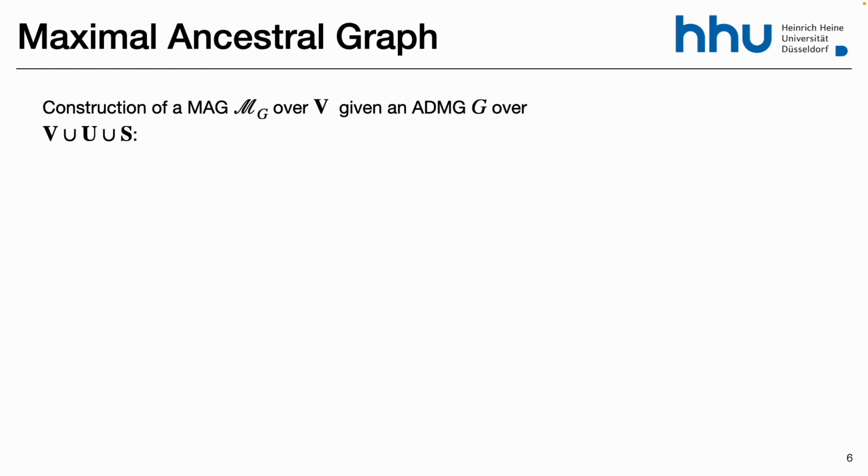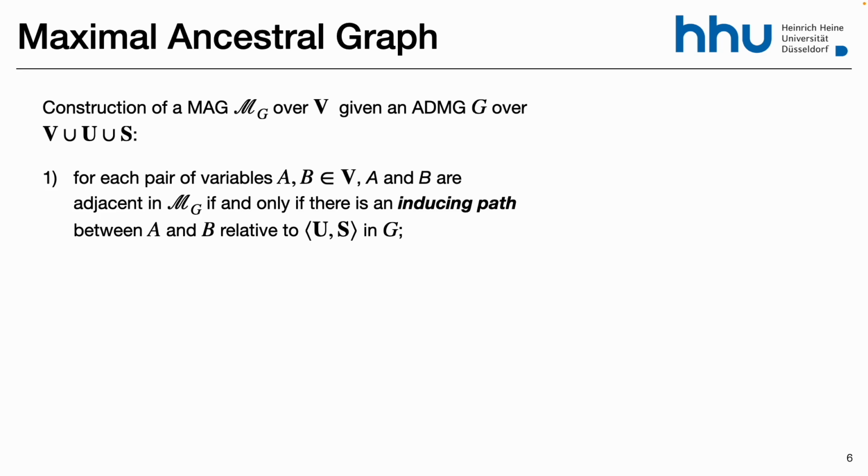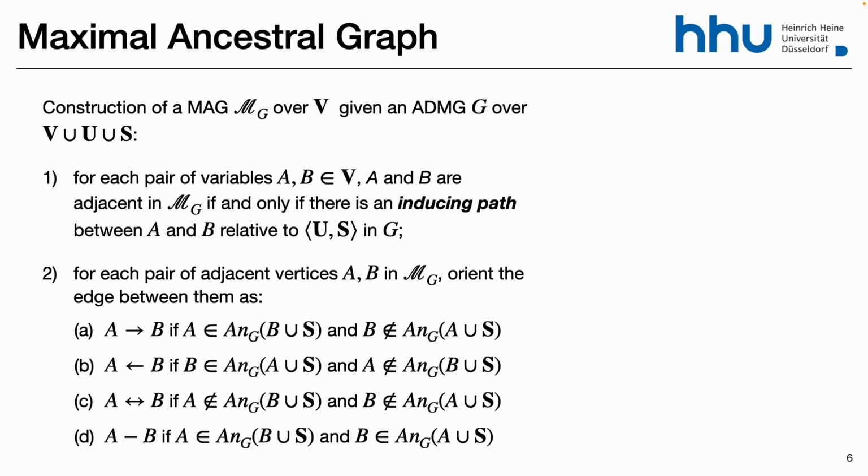Okay. So maximal ancestral graph is another concept that we saw. Basically, you have a procedure to go from an ADMG or a causal diagram that takes two steps. The first step is every pair of variables that's adjacent is going to be also adjacent in the MAG, but also every inducing path in the ADMG is going to be connected by an edge in the MAG.